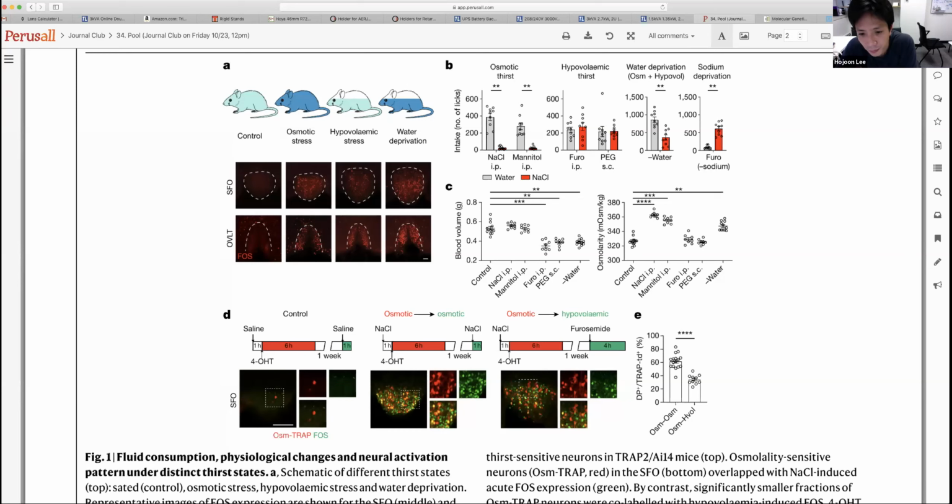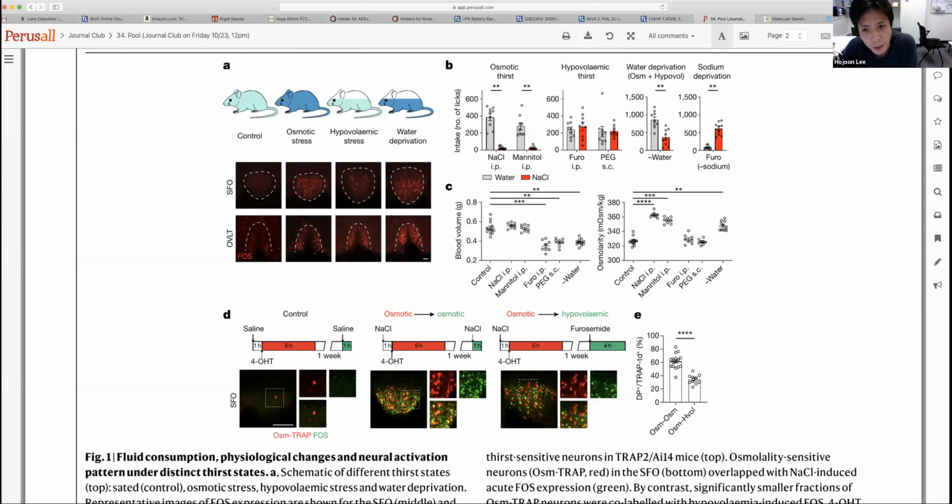And in B, how was furosemide used for hypovolemic versus sodium deprivation? Did it work in both ways?